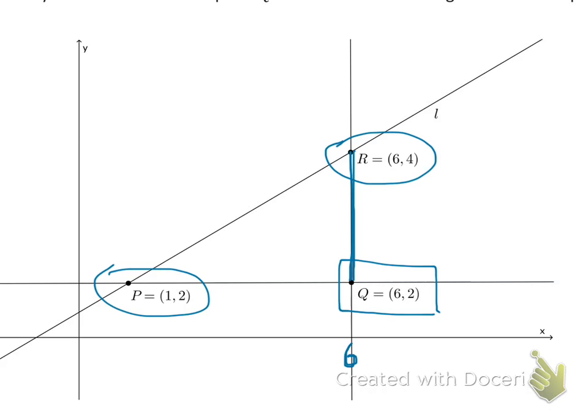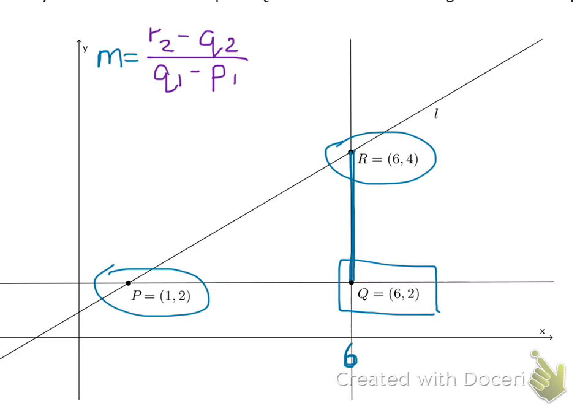On the last slide, we said that our slope was equal to R2 minus Q2 over Q1 minus P1. If we want to remove Q from this, we just have to replace it with the value from R and P that it corresponds to. So in our numerical example here, R2 is equal to 4 and Q2 is equal to 2.